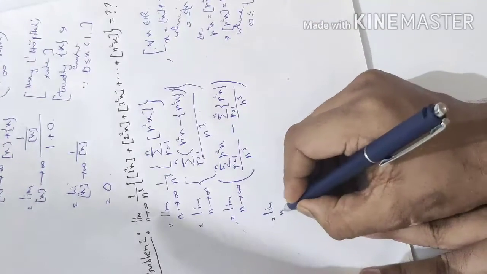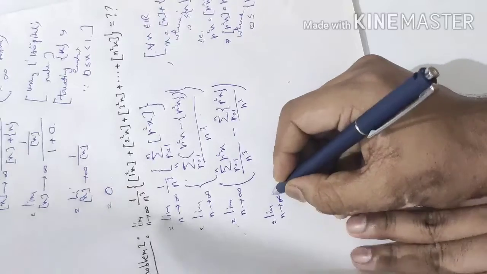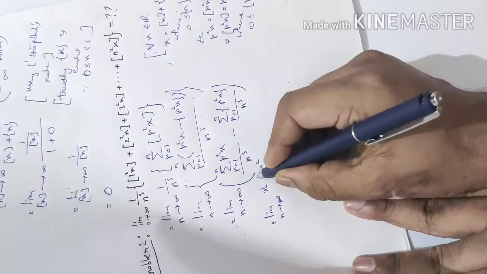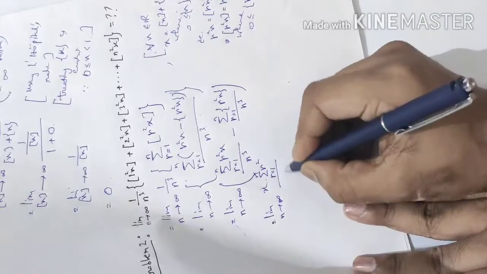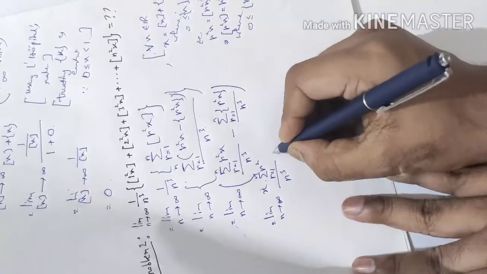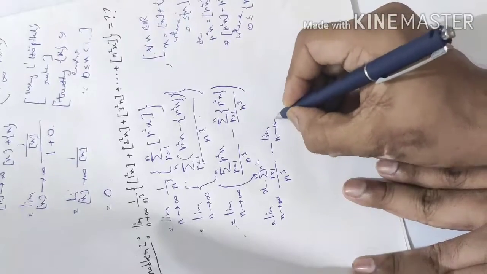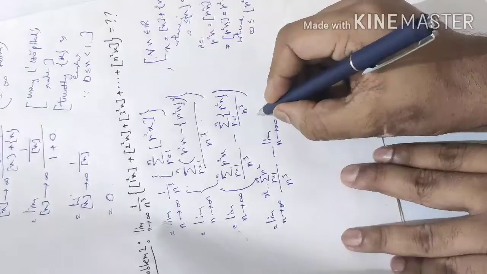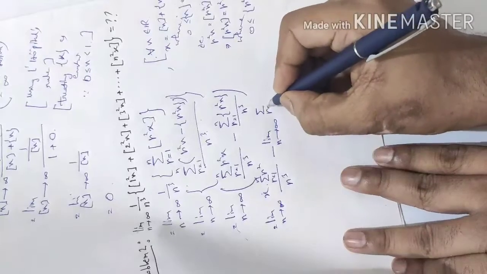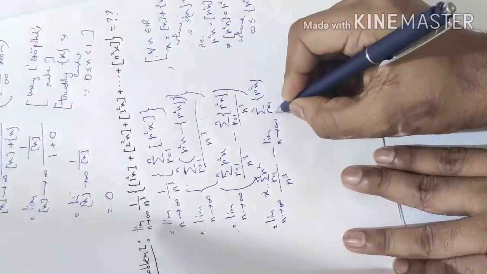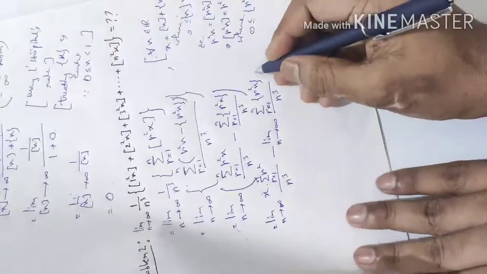This is limit n tending to infinity of summation r square, r is equal to 1 to n, x by n cube minus limit n tending to infinity of summation r is equal to 1 to n of the fractional part by n cube.